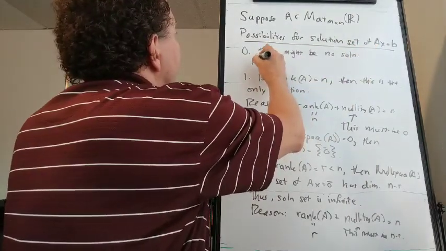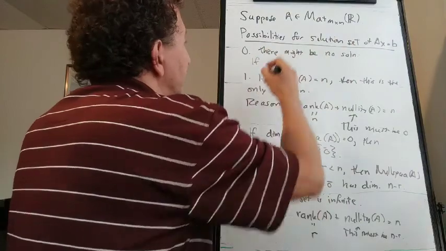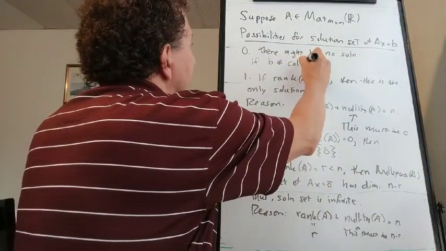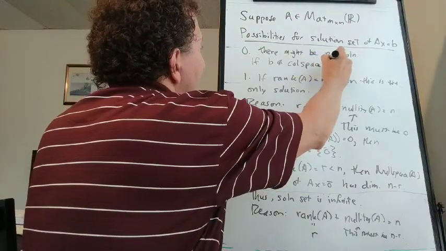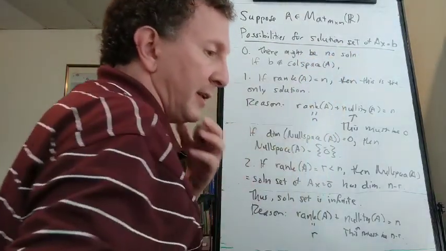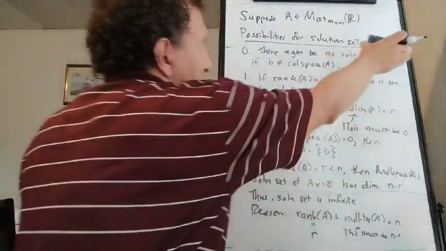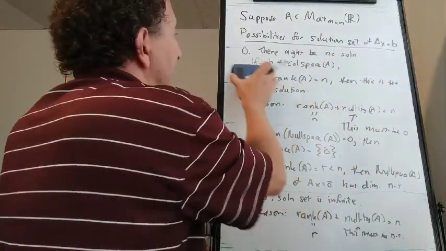And the way this could have no solution is if b is not in the column space of A, then there's no linear combination of the columns, no x, and this x can be looked at as a linear combination of the columns.